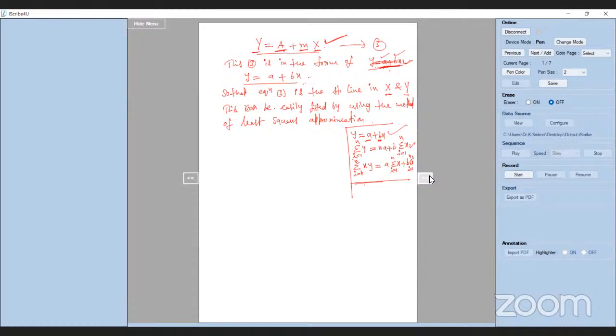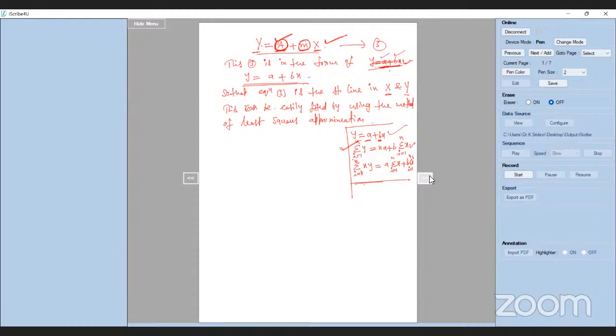It may be 2, 3, 5, or 6, whatever it may be. It is not a parameter. Only A is a parameter in this one. So we need only to find the value of this capital A. That means we need only one normal equation to find the value of capital A. So what is that one normal equation? This is the first equation.